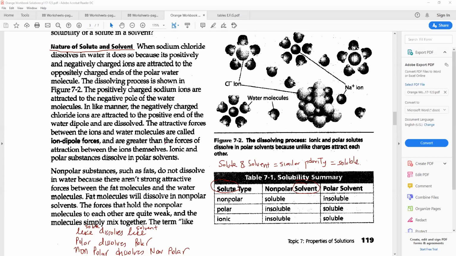If the solute is nonpolar, then the solvent, so we have different combinations. Let's go ahead and do these combinations. Solute, solvent, soluble or insoluble.